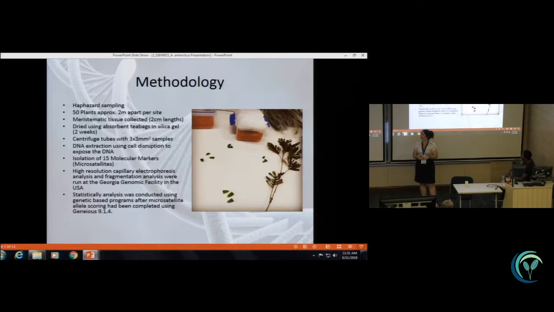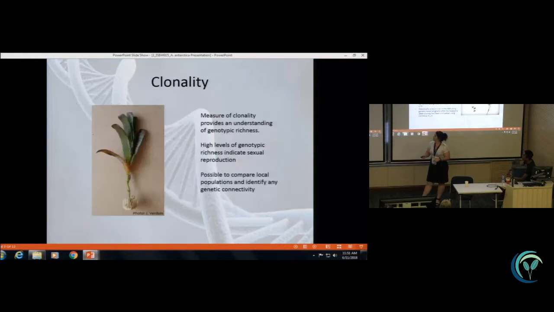Here they underwent high-resolution capillary electrophoresis and fragmentation analysis, and then the university sent us data where we then ran a microsatellite scoring allele program, and this gave us usable information which we could then convert into statistical analysis, and then we could run genetic scoring and get an understanding of population structure and gene flow amongst the different meadows.